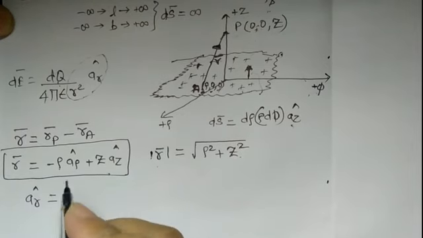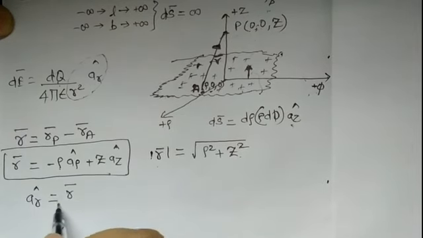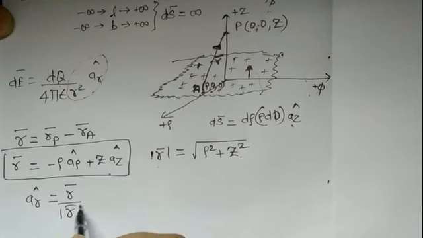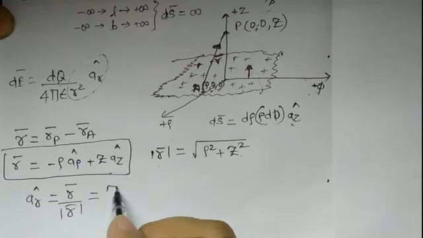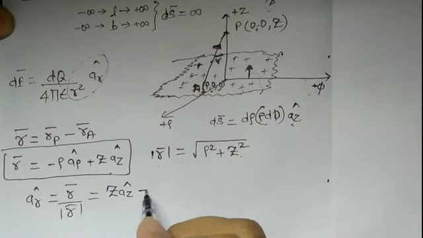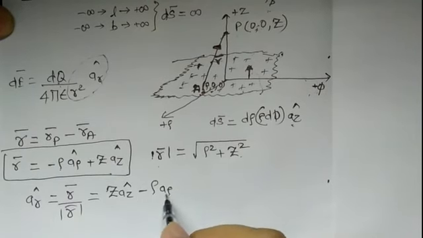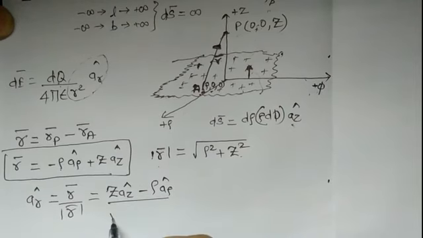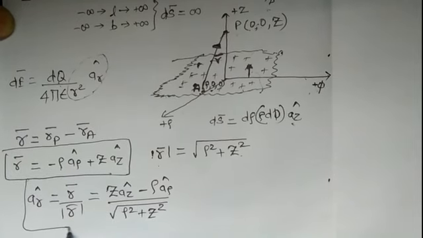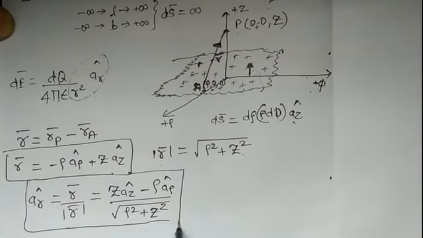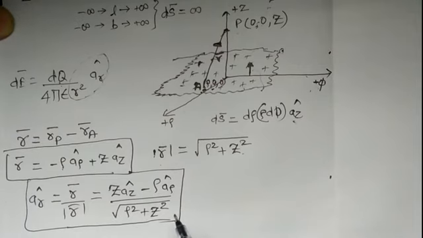It is equal to r bar divided by mod of r bar. Deliberately I am arranging this equation, so it is z into a z cap minus rho into a rho cap divided by the square root of rho square plus z square. So this will be the unit vector.